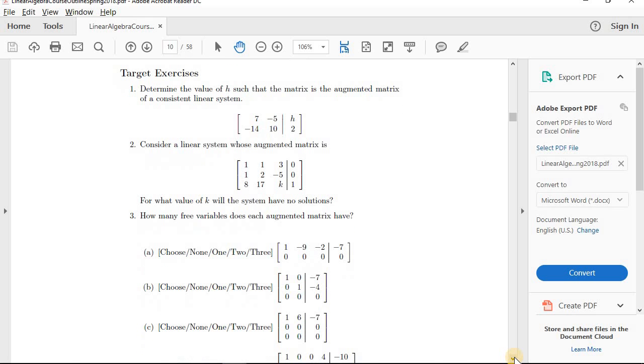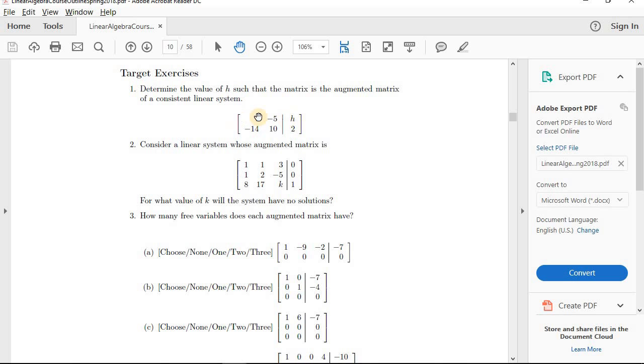Now, in this section, we have exercises like this, which may be a little bit daunting. Let me just read the exercise. It says, determine the value of h such that the matrix is the augmented matrix of a consistent linear system. Now, if it's consistent, that means that the last column cannot be a pivot column.